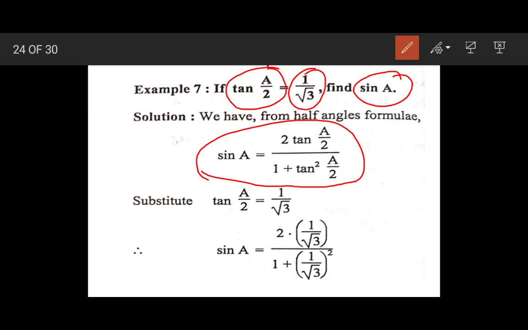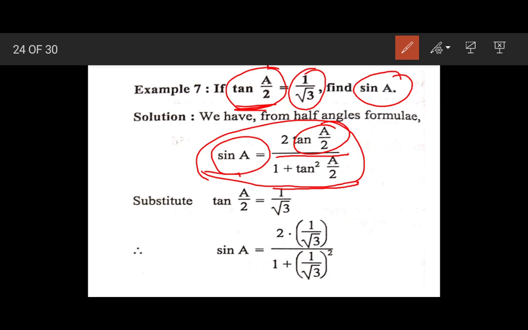Sin A in terms of tan, formula is 2 tan A upon 2 upon 1 plus tan square A upon 2. Okay, what I am applying? I am applying half angle formula, sub multiple angle formula. So I am writing sin theta in terms of tan theta upon 2.